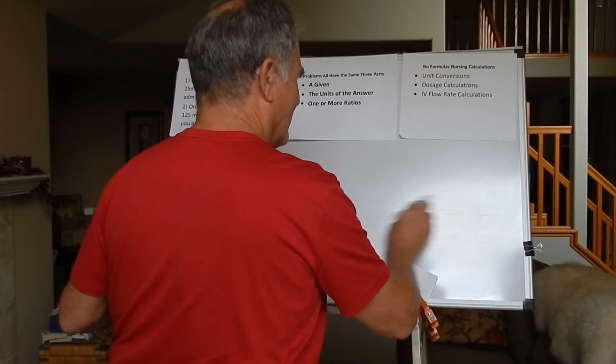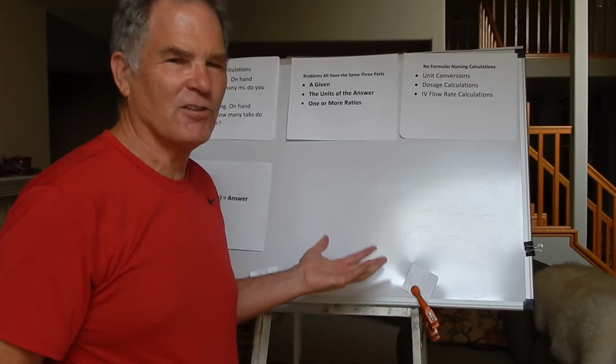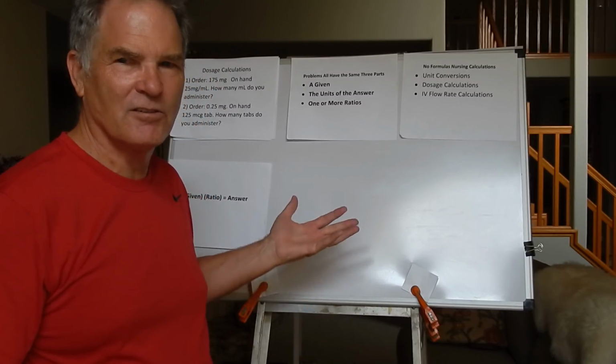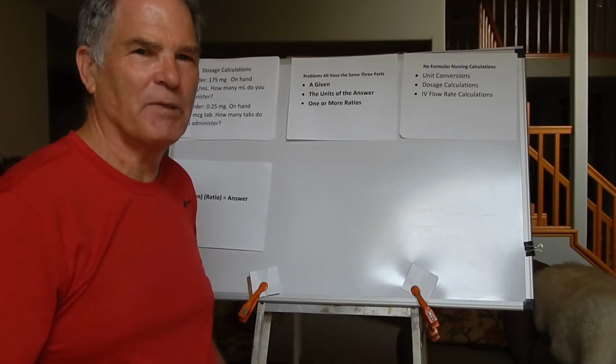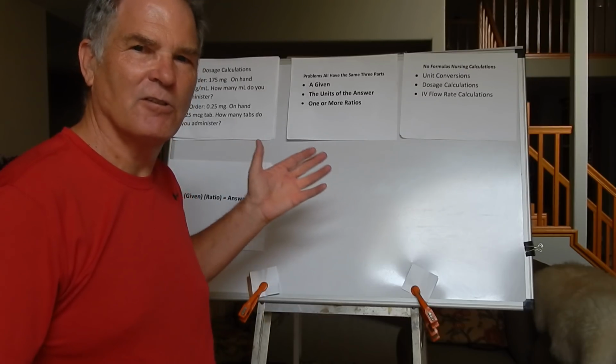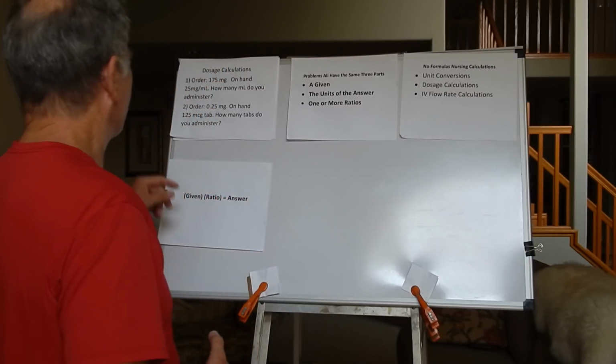And I really think once you learn the dimensional analysis method, you'll see that that other formula is just kind of breaking things up, and you should be able to just go directly, just multiply the given by the ratio and get your answer.